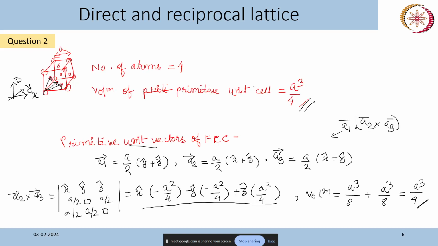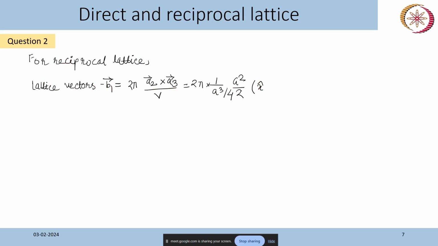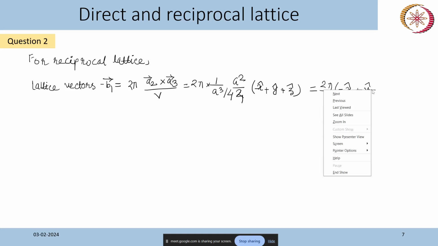Okay, a square by 4. Tell me if I make some calculation mistake here. So the final answer will be 2 pi by a, minus x cap plus y cap plus z cap. Okay.